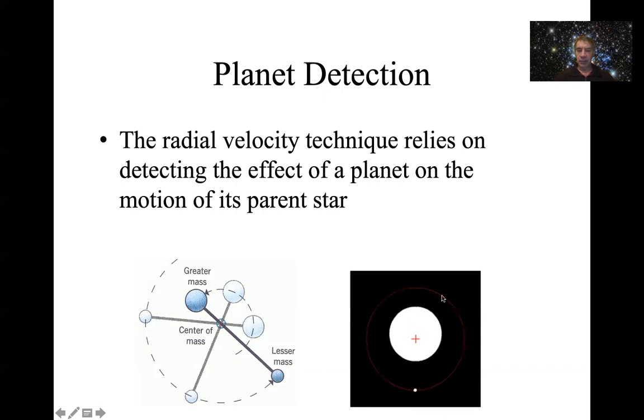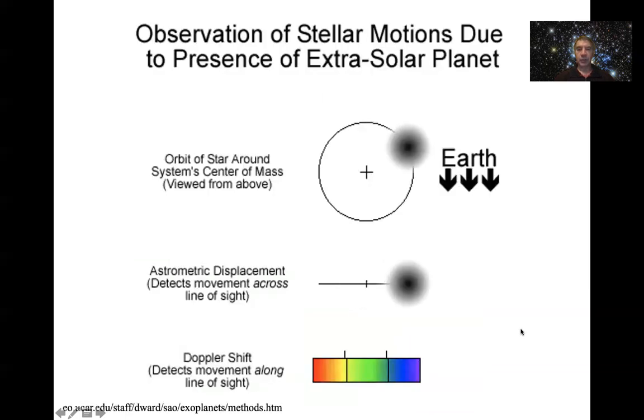If you've got a very low mass body orbiting a high mass body, so a planet going around a star, then there will still be a common center of mass between the two, but because of the mass ratio, that center of mass might actually be inside the star, but it still wobbles around a little bit with the period of the planet. And it's that motion that you're looking for with the Doppler shift. So that's illustrated in this little moving diagram here.